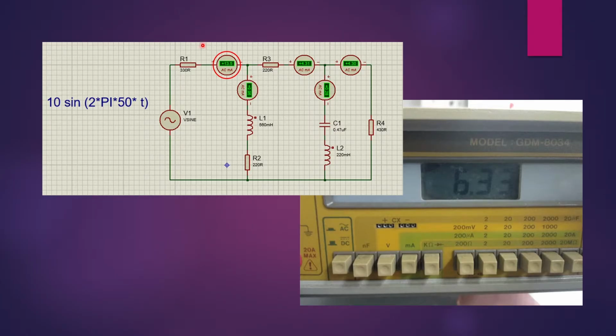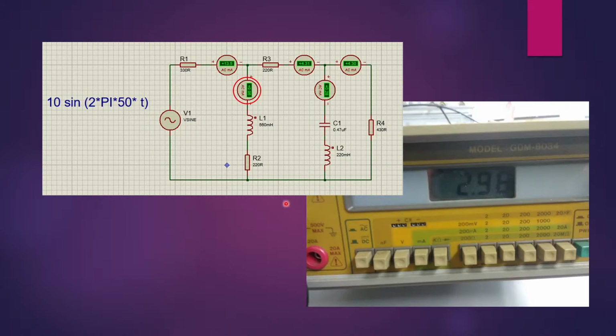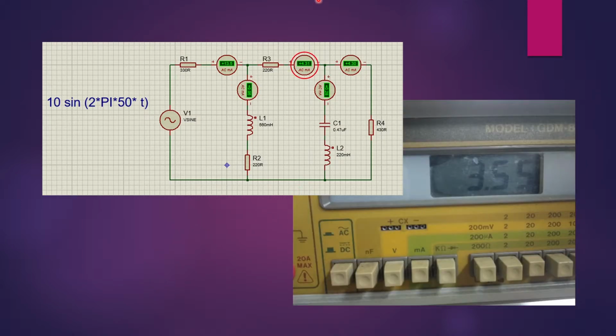In simulation, we get the current passed through the R1 branch is 13.5 amps, but in the hardware setup, we get 6.33 amps. Next, the current passed through the L1 and R2 branch in simulation is 9.96, but in the hardware setup, we get 2.98. And the current passed through the branch consisting of R3 is 4.31 amps.